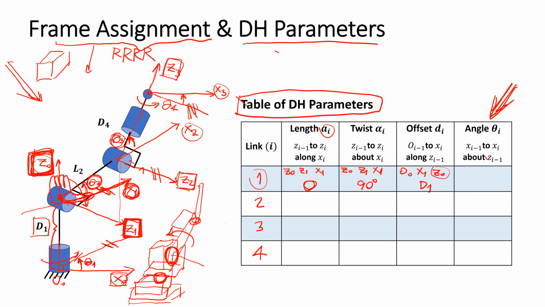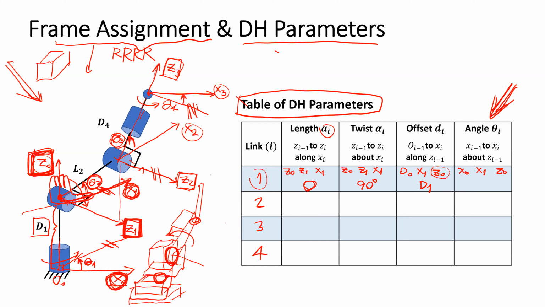How about the joint angle? The joint angle is the difference between X0 and X1 when we measure about the Z0 axis. X0 is in this direction, X0.